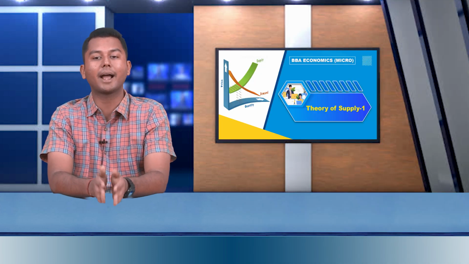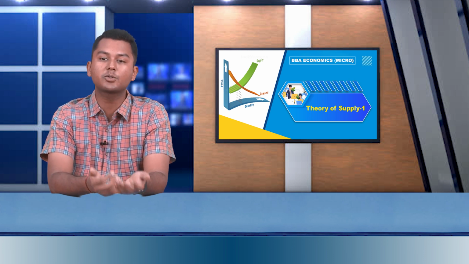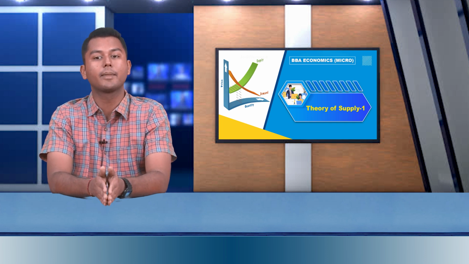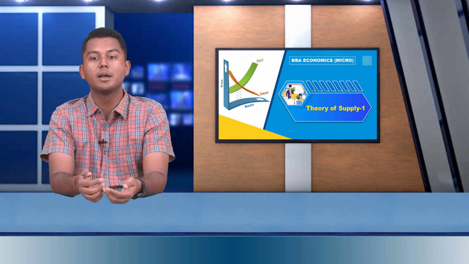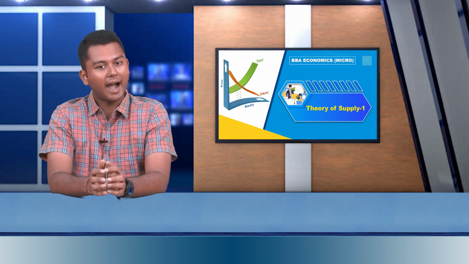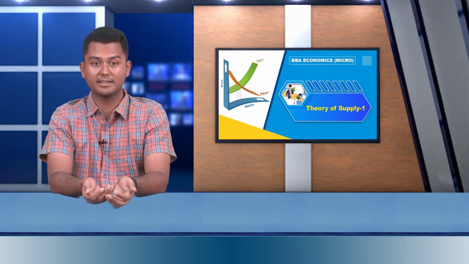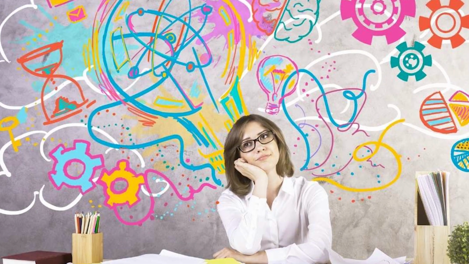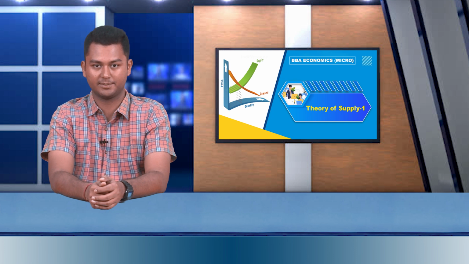Now let us try and understand what the exceptions to the law of supply are. Some goods have backward bending supply curves where higher prices can actually reduce quantity supplied. This can occur with labor supply when workers choose more leisure time as wages increase, preferring free time over additional income. Artistic goods might have exceptions where higher prices don't increase supply because production is limited by creativity or artistic inspiration rather than economic incentives.